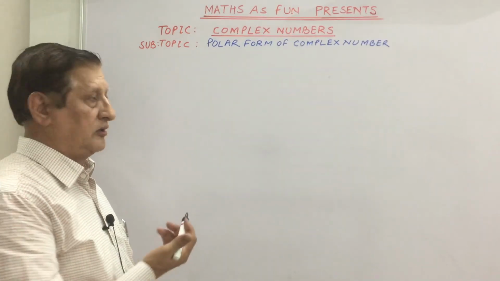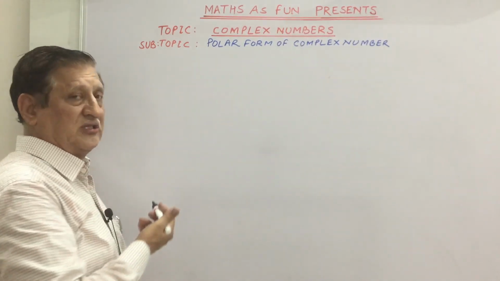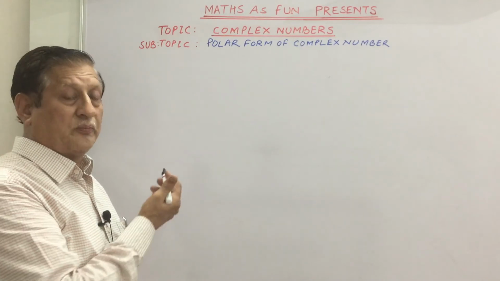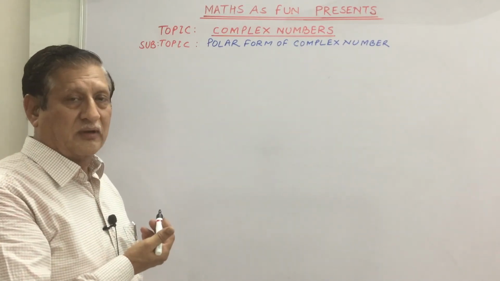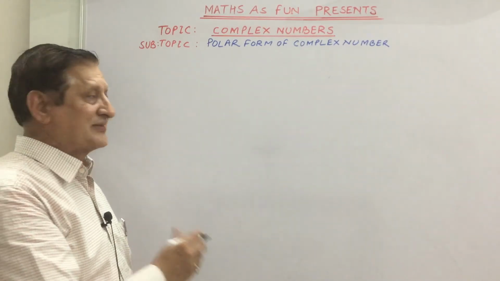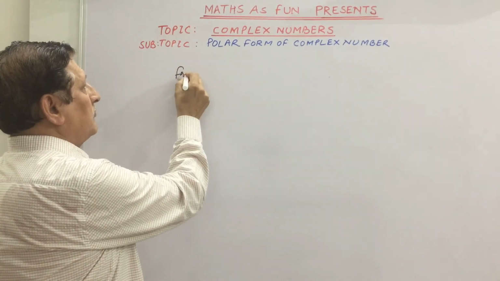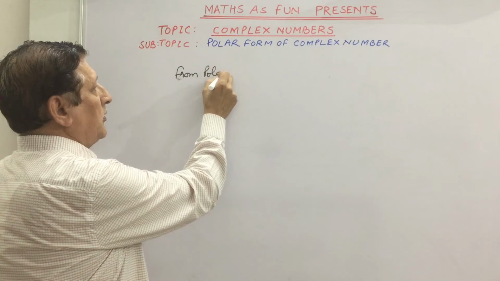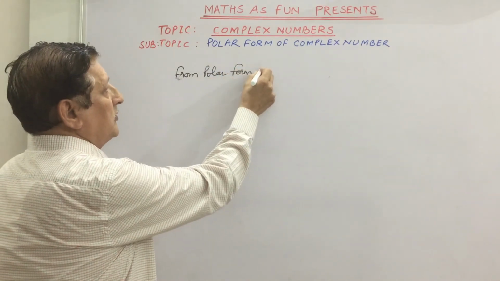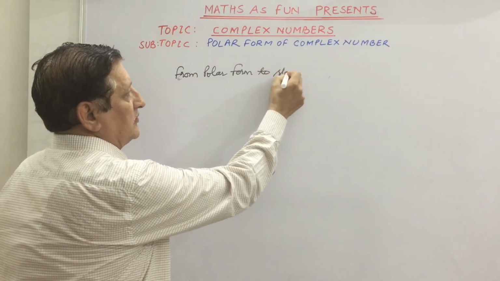Now we will learn, if any question is given with the complex number in the polar form and we want to convert it into the standard form, how to do that, from polar form to standard form.